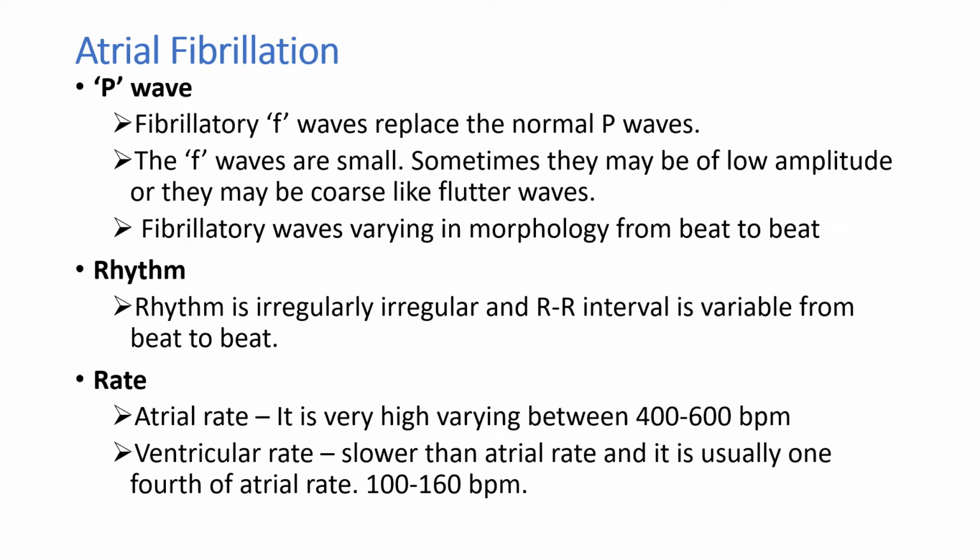Atrial rate is very high, varying between 400 to 600 beats per minute. Ventricular rate is slower than the atrial rate, and it is usually one fourth of the atrial rate. It may be 100 to 160 beats per minute.